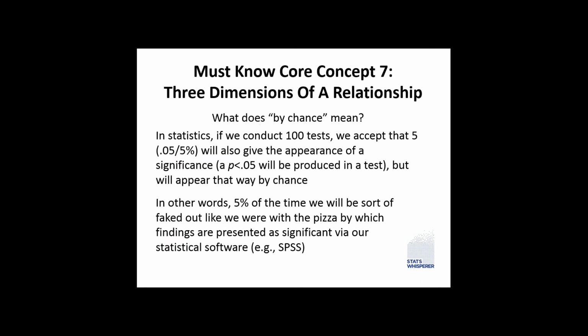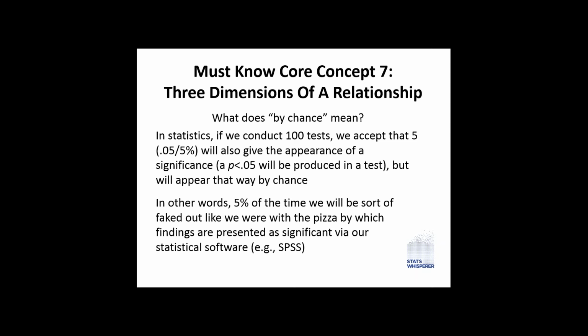So when we look at it statistically, we're saying if we conduct 100 statistical tests, and they're all statistically significant, they're all 0.05 or less, we know conceptually that 5 of those out of the 100 are not real significant relationships, but have only occurred by chance.